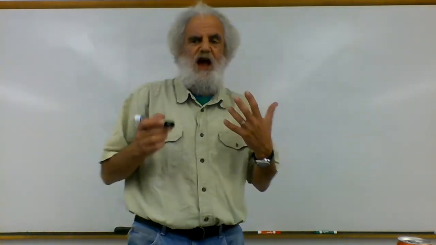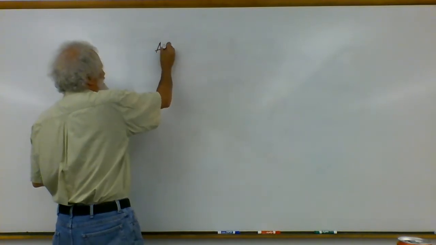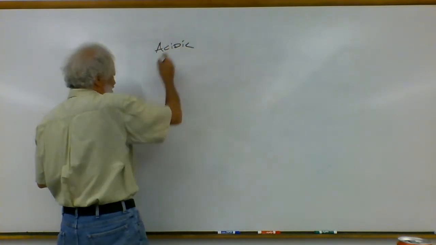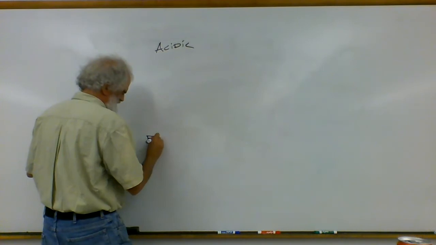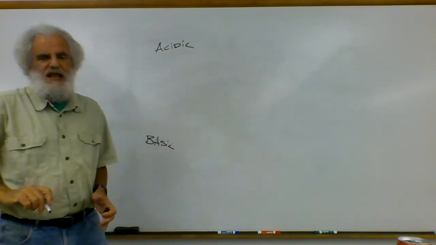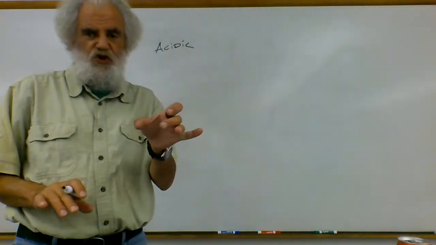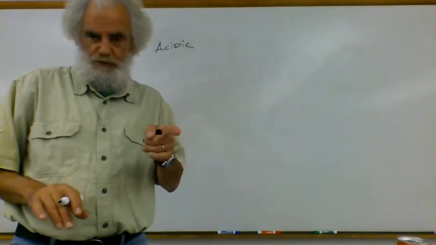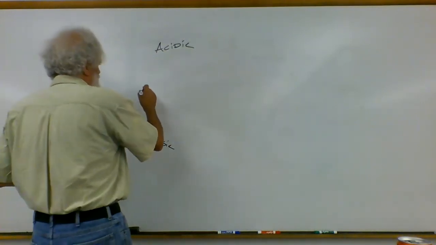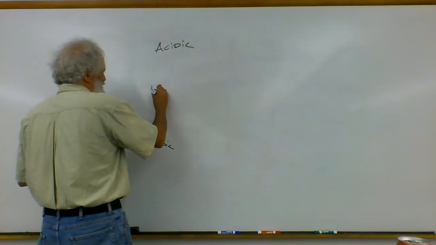The idea of pH is a measure of how acidic something is or how basic something is. And it's based, as I say, is centered around water. And so we've got neutral in the middle.